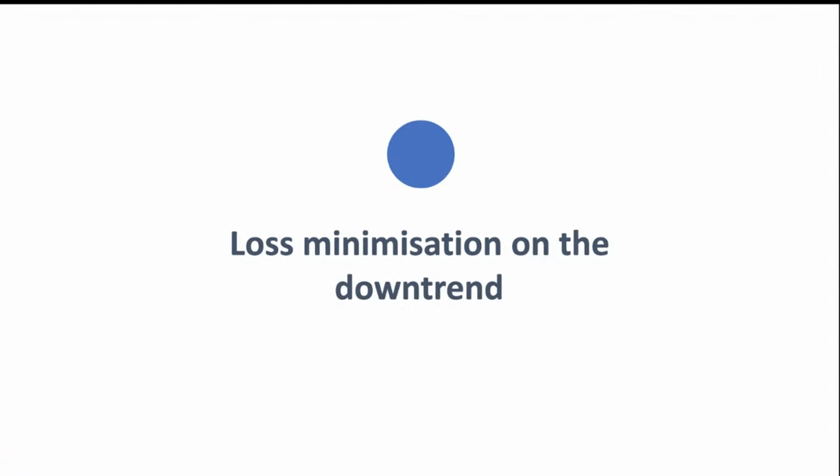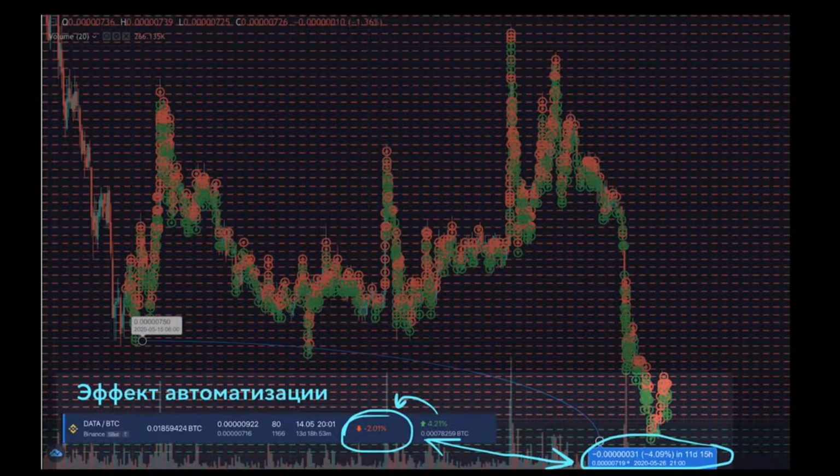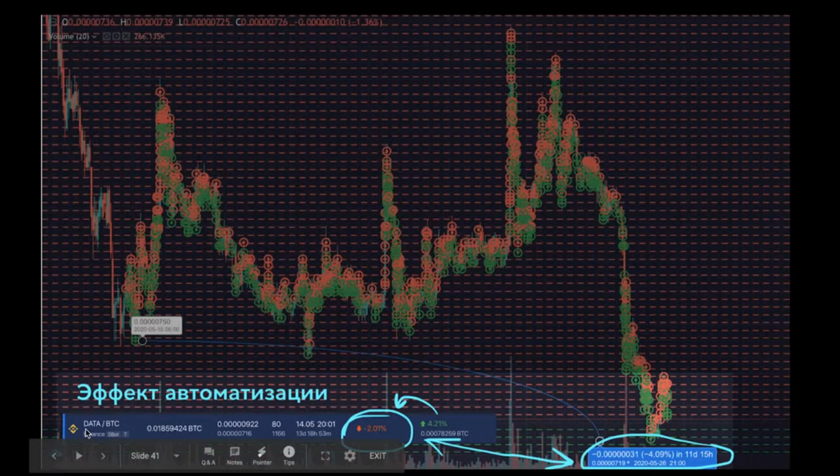And there is loss minimization on the downtrend. So here's the example. It's data trading to BTC. Let's assume that you are a hodler. So let's say you bought data at that price and then did nothing about it. It just lays in your portfolio and you are doing nothing about it.